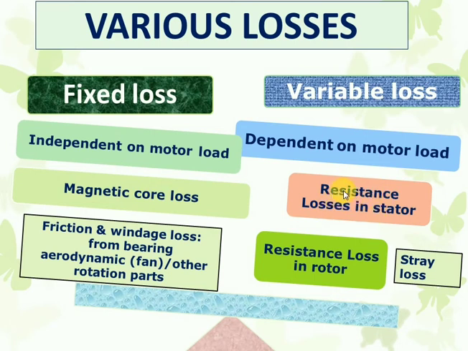The losses will also be more because temperature is increasing, right? And then rotor resistance loss will be there. And stray loss. Stray loss is nothing but, for all electric motors, we have stray losses based on the capacity. Whenever the capacity of the motor is increased, the stray losses also will increase.